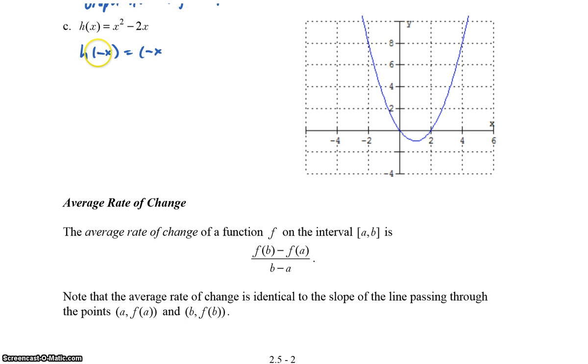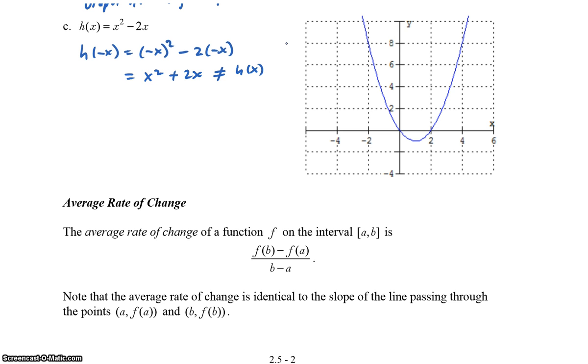So we have minus x squared minus 2 times minus x. We just replace x with minus x everywhere we see it, and we simplify. And simplifying, we get x squared plus 2x. Obviously, what we don't get is the original function. We don't get h of x. So this is not an even function.